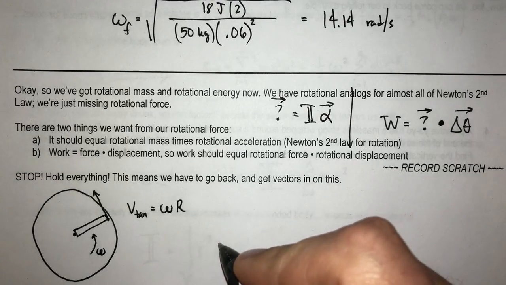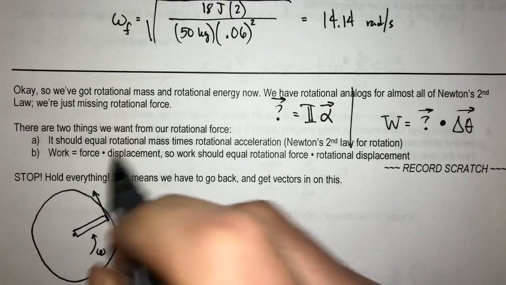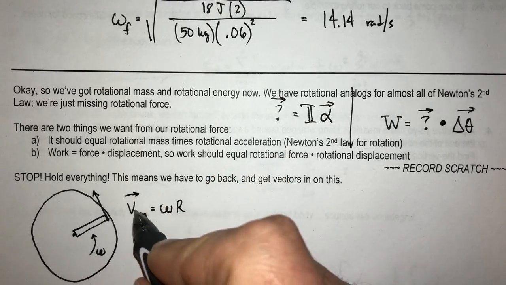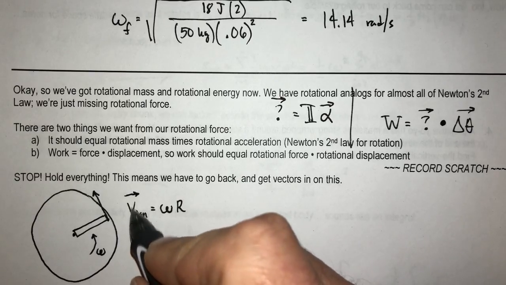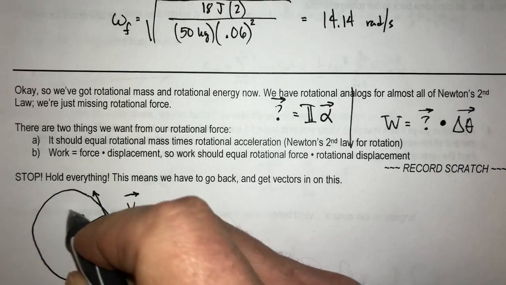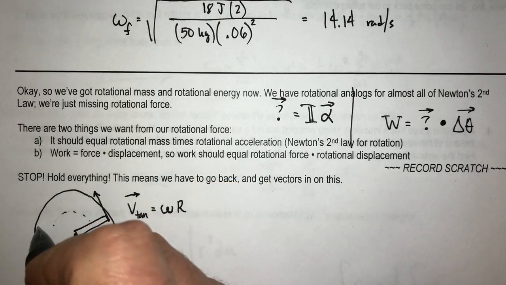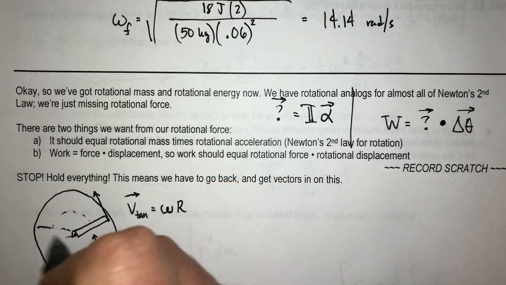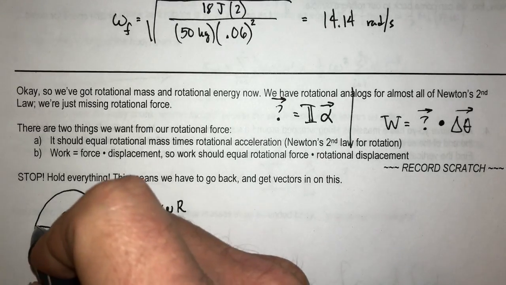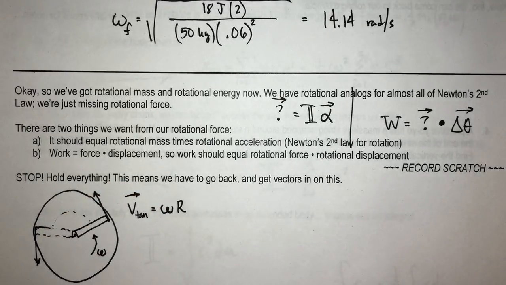Now, all right, so really, we should have wanted all along for tangential velocity to be a vector quantity. If we wait for some amount of time, this object now is over here, and if we ask for the tangential velocity there, it points in a completely different direction.